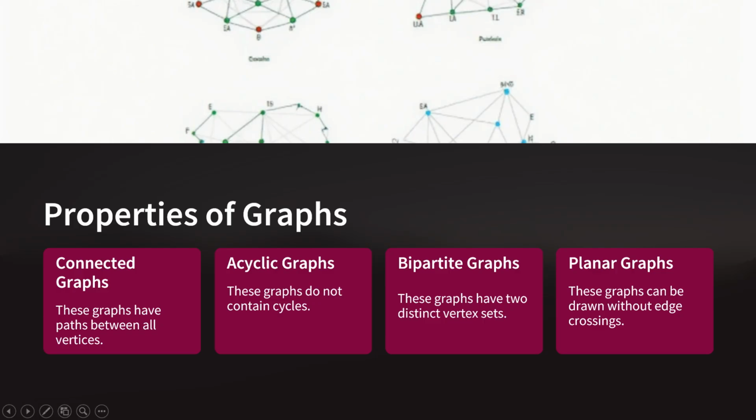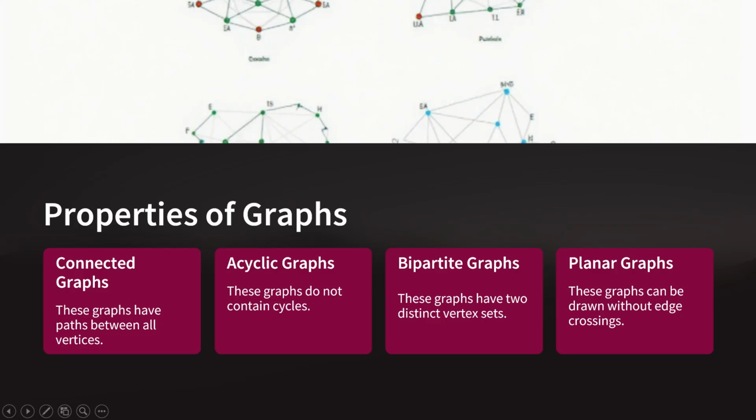Two other key properties are bipartite and planar. A bipartite graph is one whose vertices can be divided into two distinct sets, such that every edge connects a vertex from one set to a vertex from the other set. There are no edges within the same set.